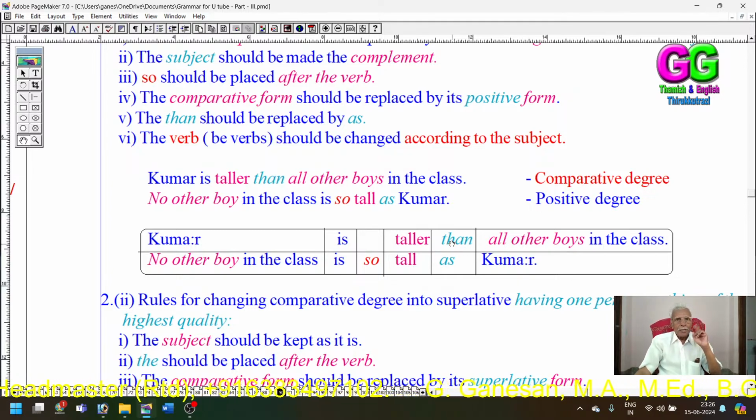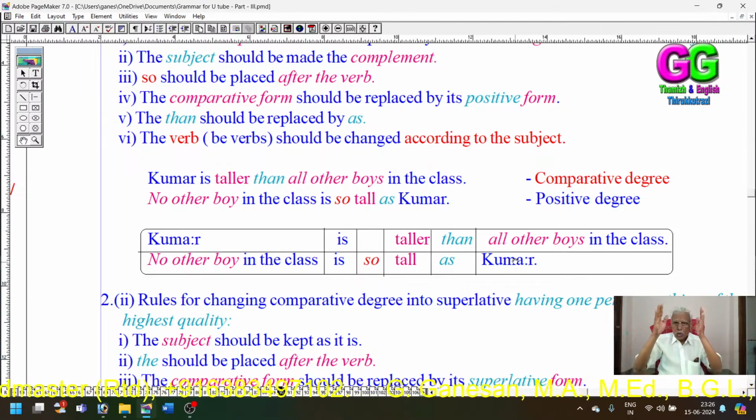Fifthly, the comparative scale than is replaced by the positive scale as. Sixthly, the subject is made the complement. That's all, six rules.